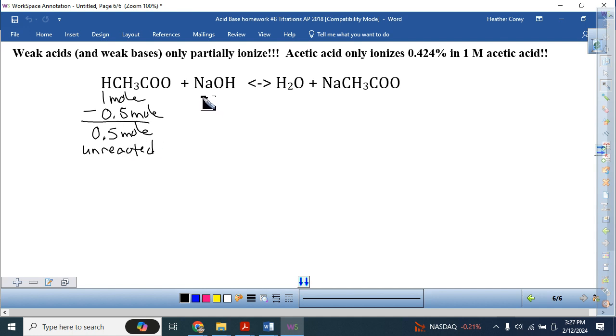Okay, so if I was starting off with a half mole of NaOH and I completely reacted the NaOH with the acetic acid, that leaves me with 0. And the sodium acetate forms, how much forms? Well, it's based upon the limiting, which is a half mole. So we have a half mole of this formed.